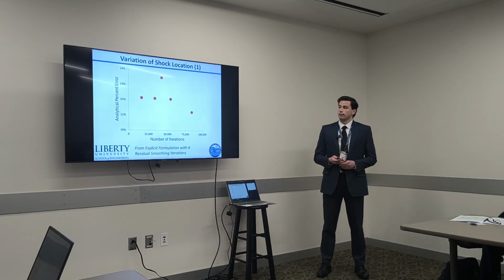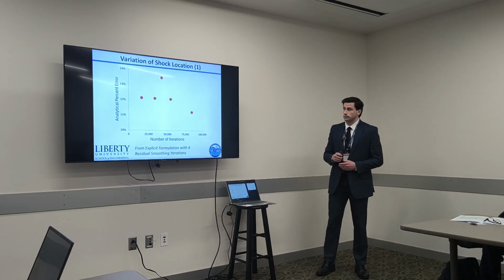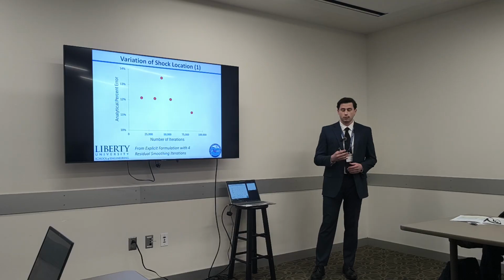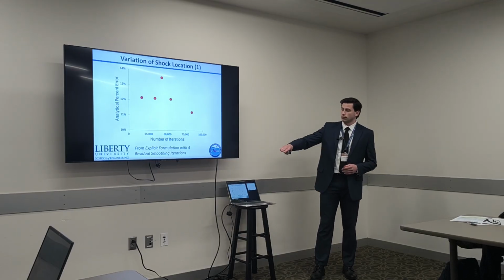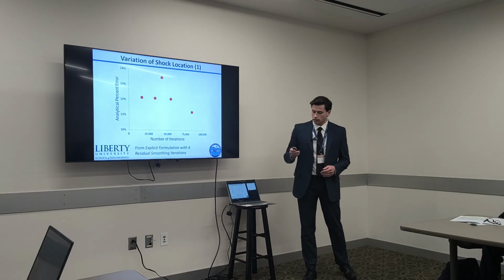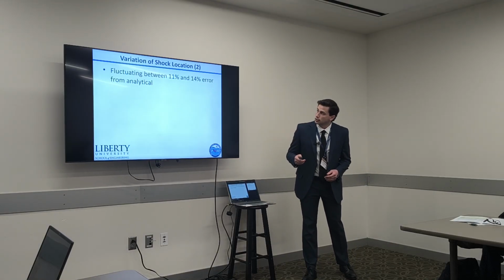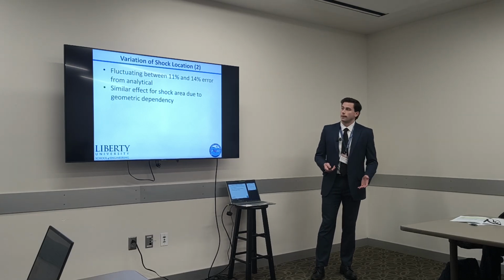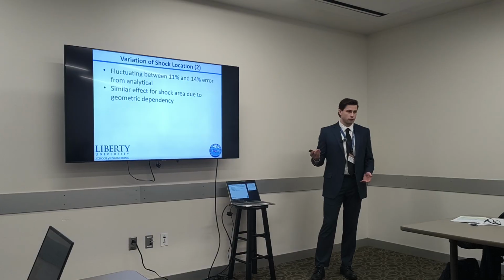So this is the variation of the shock location at those 5 distinct points that we measured. This is taken from a model with 4 residual smoothings. And so you can see it's fluctuating between 11 and 14% error from the analytical. There's a similar effect for shock area because, again, they're geometrically dependent.